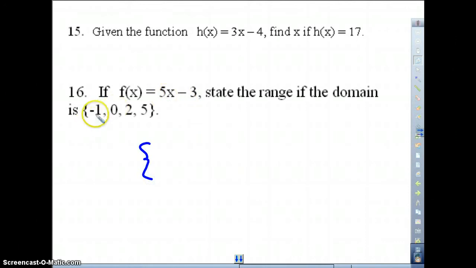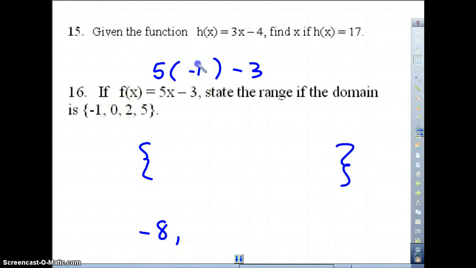Let's put in a -1. I'm going to take 5, multiply by whatever my domain value is, and subtract 3. So let's plug in -1. 5 times -1 is -5. And -5 subtract 3 is -8. You know what? I'm going to write it out here because I'm going to turn around later and put them in numerical order.